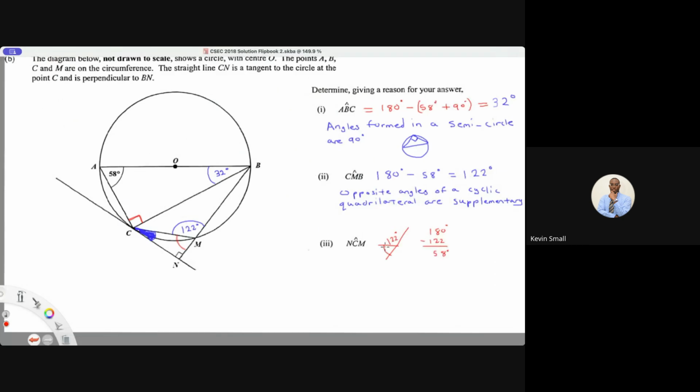All right, so if this is 58, then I could use that information and work out this triangle here. And remember, it is a small triangle. If this angle here is 58 and this is 90 degrees, then what I can do to work out that angle there is simply add up the 58 and 90 and subtract from 180.